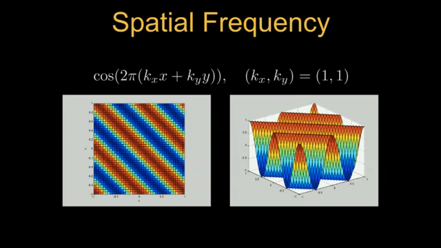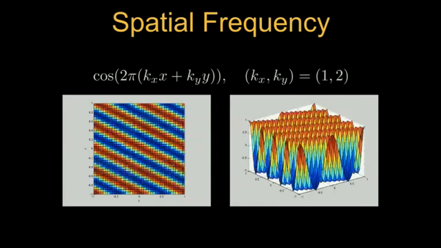So if you move from top to down, you'll see 1 period. Move right to left, you'll see 1 period. Actually, when you put this together, you have a cosine that's varying in both directions. And you can keep increasing the frequency for one or both of the dimensions. In this case, ky moves faster.